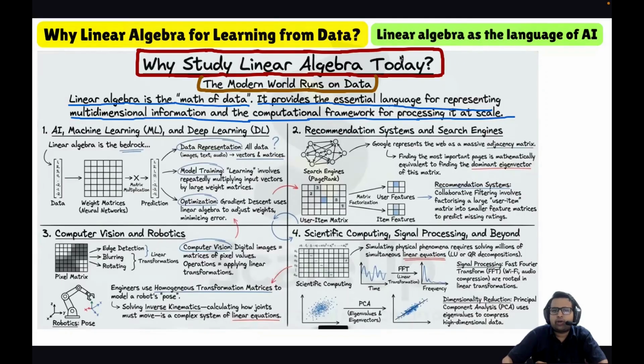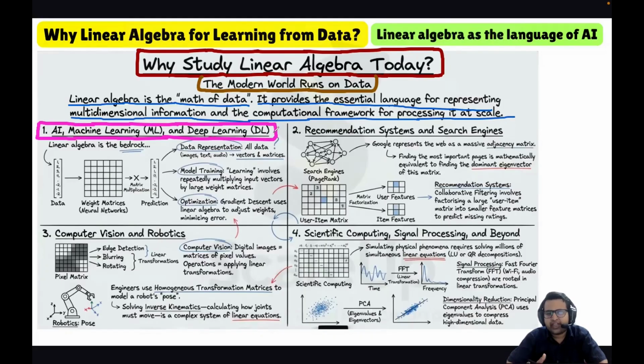Artificial intelligence, machine learning, deep learning all make use of linear algebra. Linear algebra is the bedrock of artificial intelligence, machine learning, deep learning, and it is used from data storage to the actual learning process.